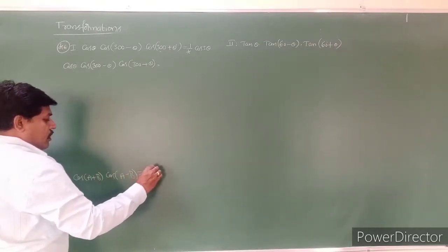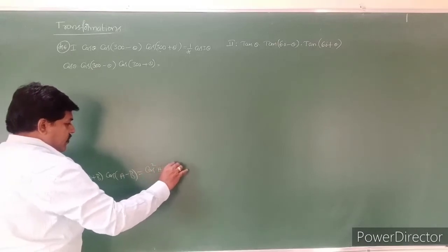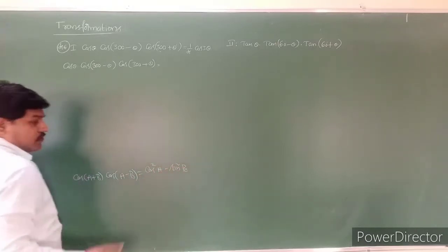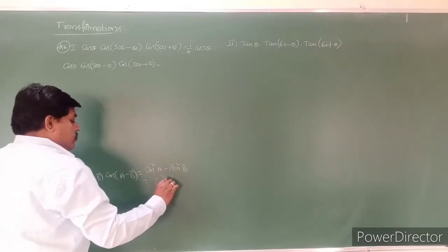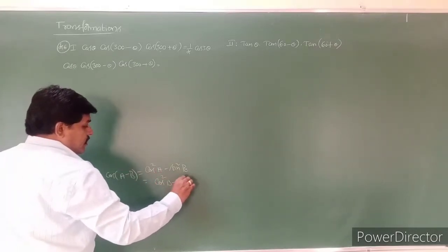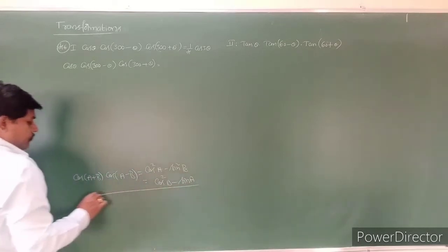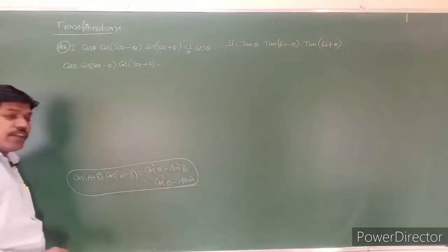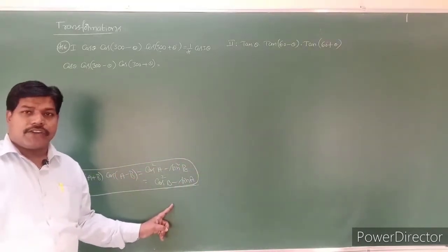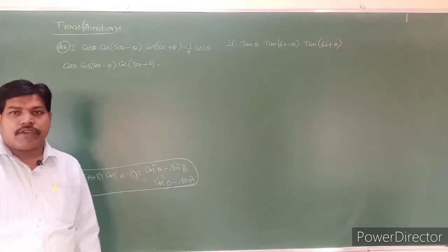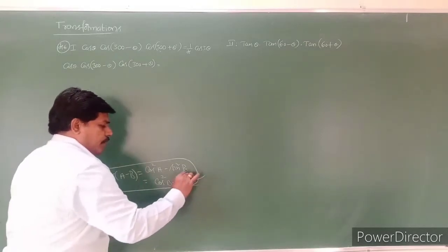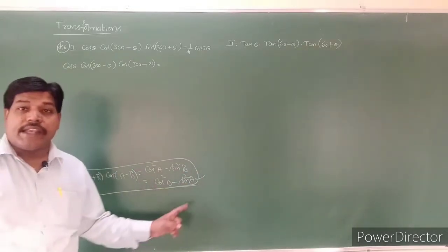You can write cos square A minus sin square B, otherwise you can write cos square B minus sin square A. You can use this form or this form. Do you understand that? Cos square A minus sin square B or cos square B minus sin square A also. So I will use the second formula, that is cos square B minus sin square A.